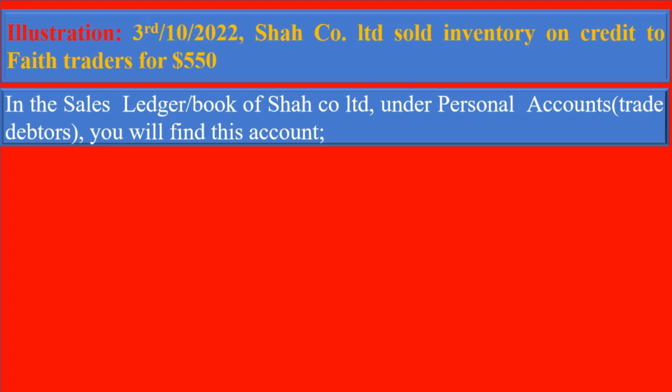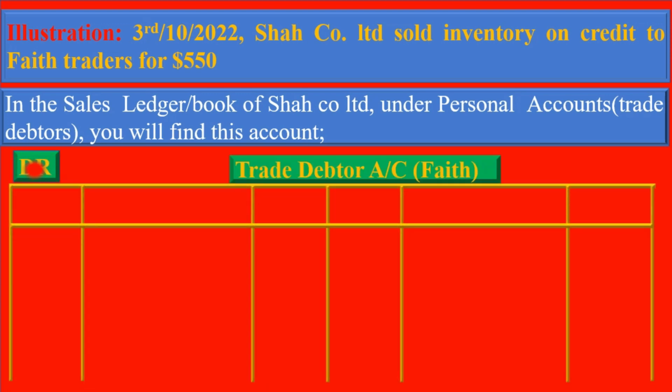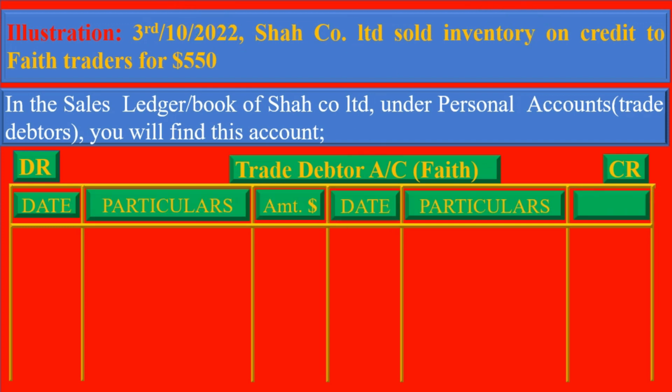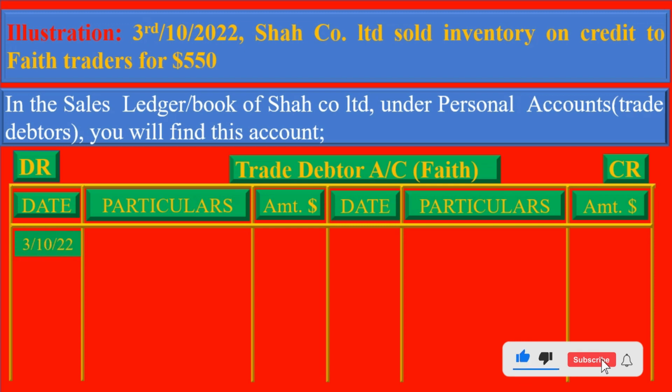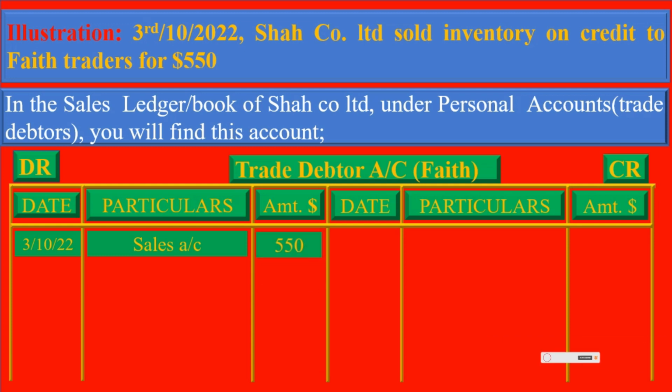In the sales ledger book of Share Company Limited, under personal accounts or trade debtors, you will find this kind of an account. That is a trade debtor account, that is Faith, whereby we will have the details as given there, and then a debit entry as on 3rd of the 10th month of 2022, we will have sales account with an amount of 550.